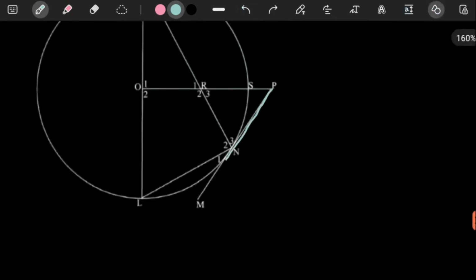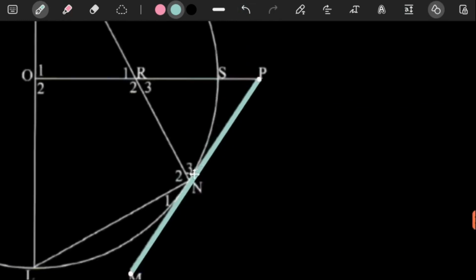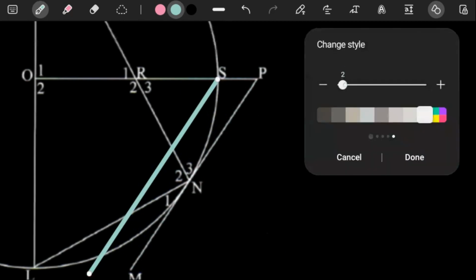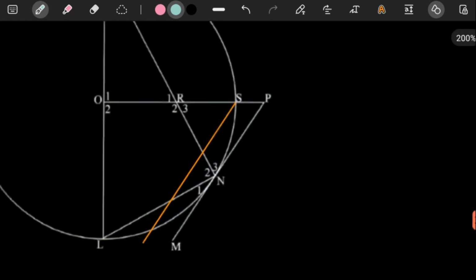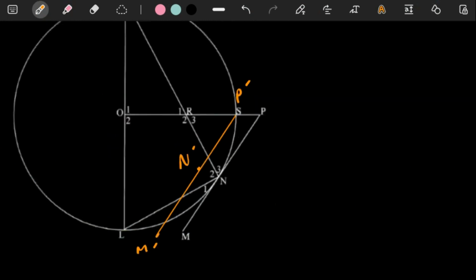This is the original line. They want to move this line until it looks like that. Perfect, looking good. So you can have a new point P, a new point N somewhere here, and a new point M somewhere here. That's going to be your image.